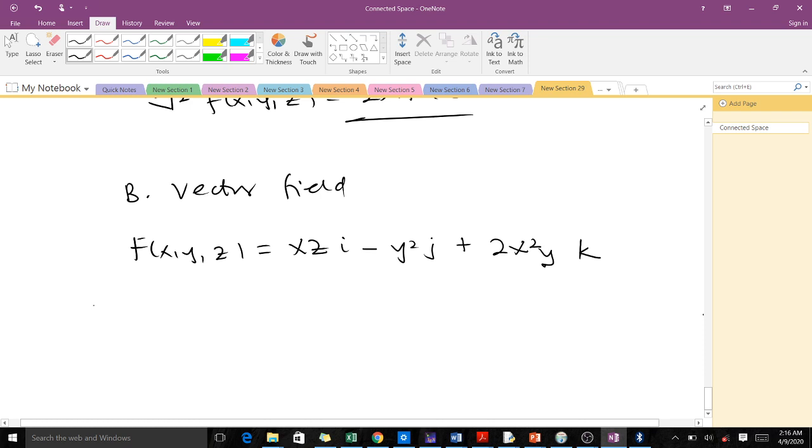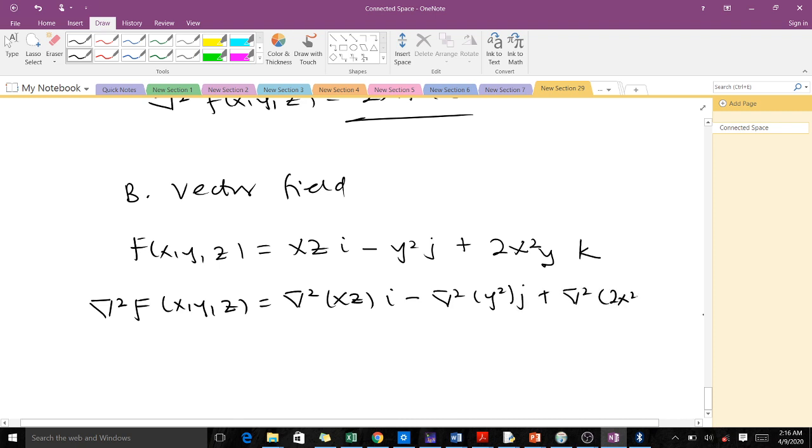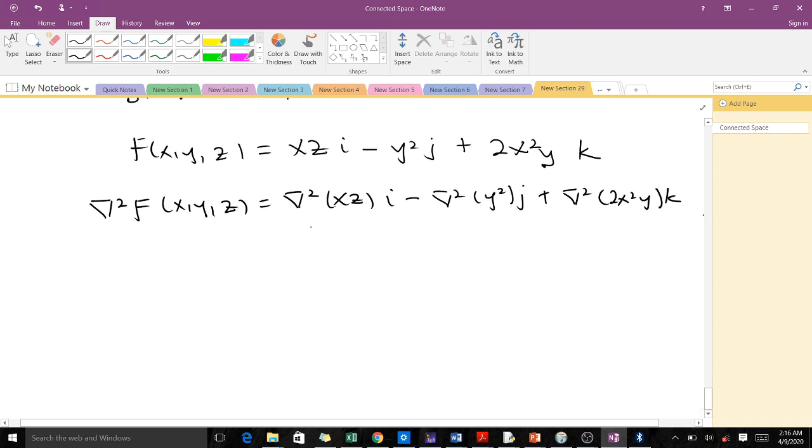When you take the Laplacian operator through, you know the Laplacian operator is a linear operator, so you can take it through and you get the Laplacian of xz i minus the Laplacian of y squared j plus the Laplacian of 2x squared y k. Now we have three different scalars that you are supposed to find the Laplacian of.